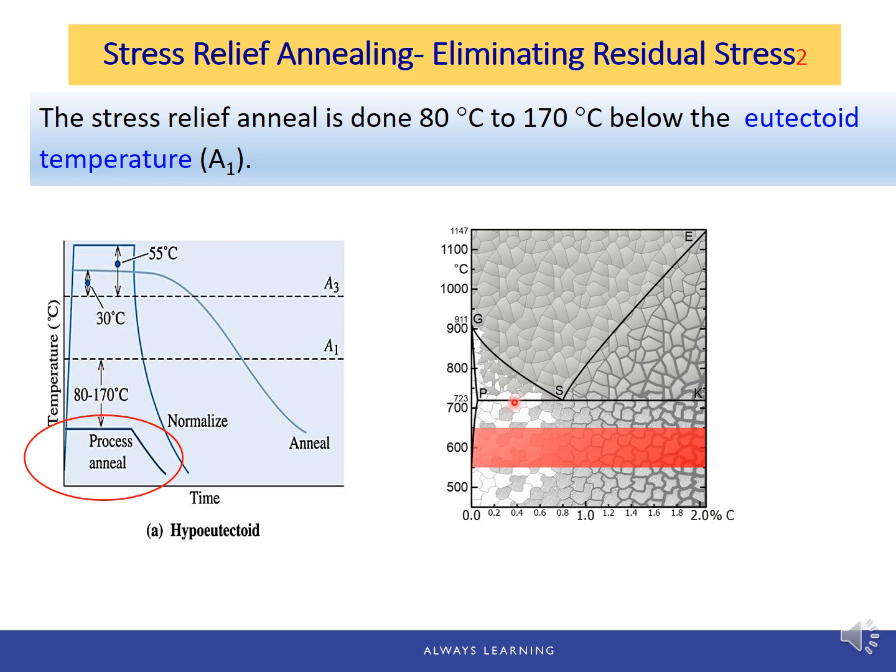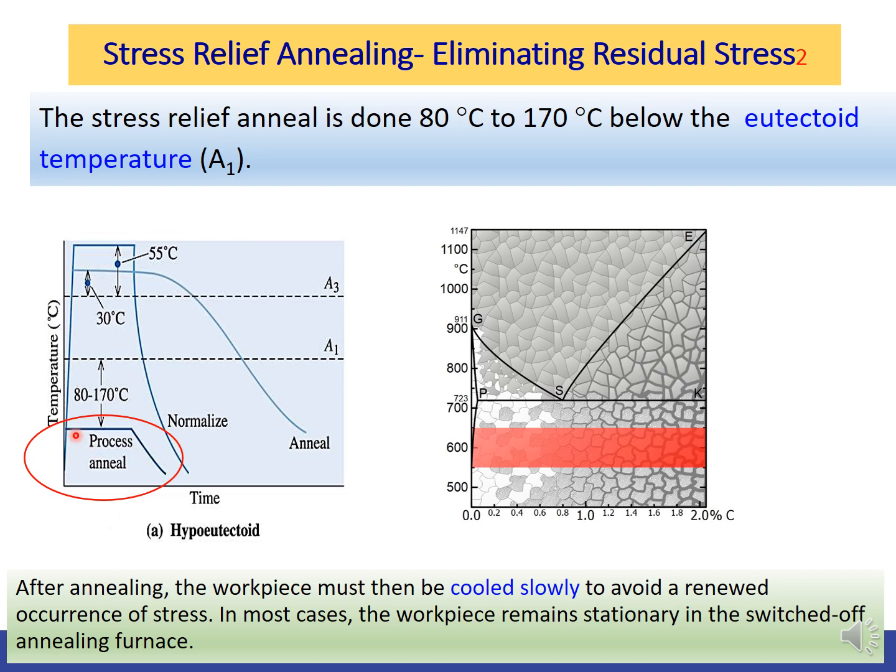Again, it's about 80 to 170 degrees Celsius below the eutectoid temperature. And after annealing, after a period of time, the workpiece must then be cooled down to avoid a renewed occurrence of stress. In most cases, the workpiece remains stationary in the switched off annealing furnace to be cooled down naturally.